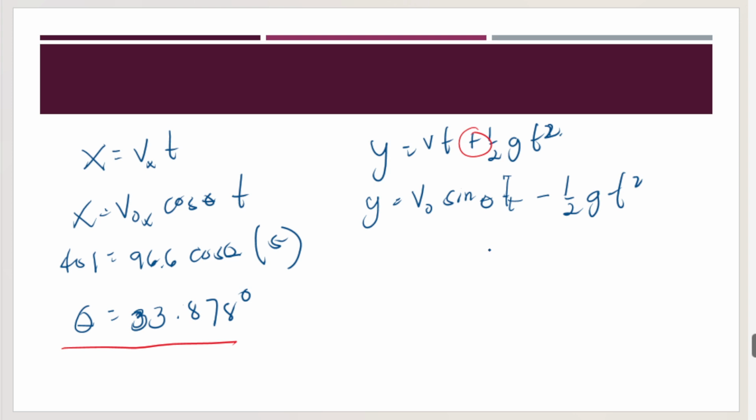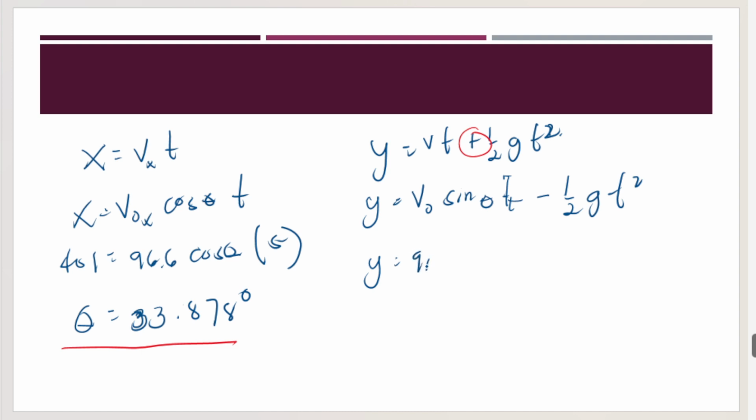Binigyan tayo ng time na 5 seconds. Meron na tayong theta na 33.878. We have also the initial velocity or v sub 0, na 96.6 feet per second, o direct substitution to lahat, no?